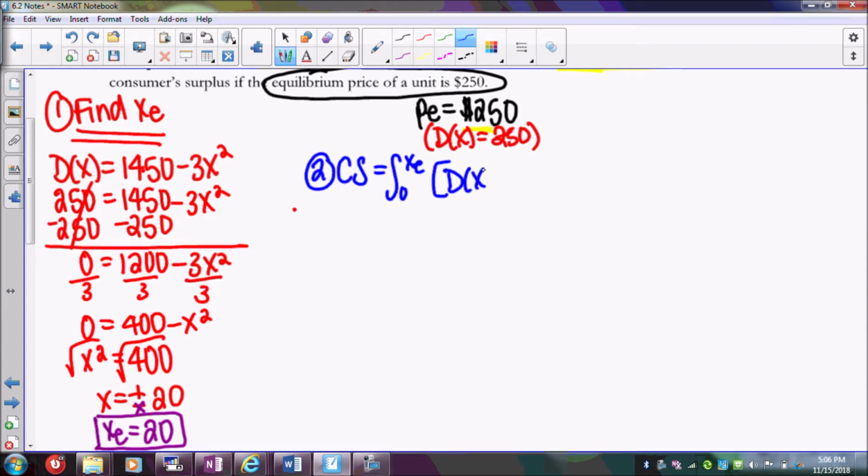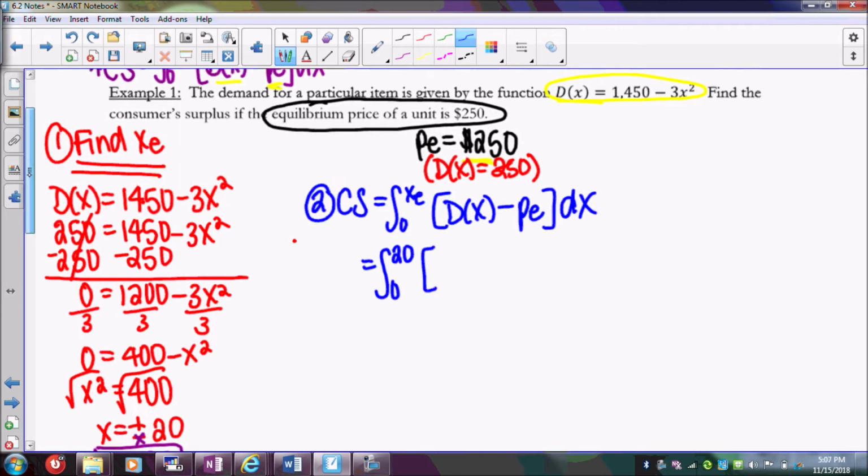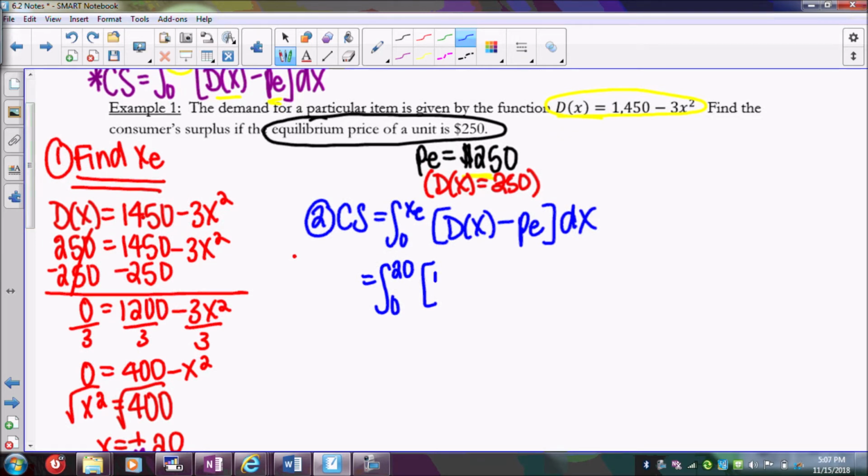It's always going to be d of x minus p sub e, because d of x will always be greater. Now I can plug in. 0 to 20 are going to be my bounds. For d of x, I go back up to the problem: 1450 minus 3x squared, and then minus 250.